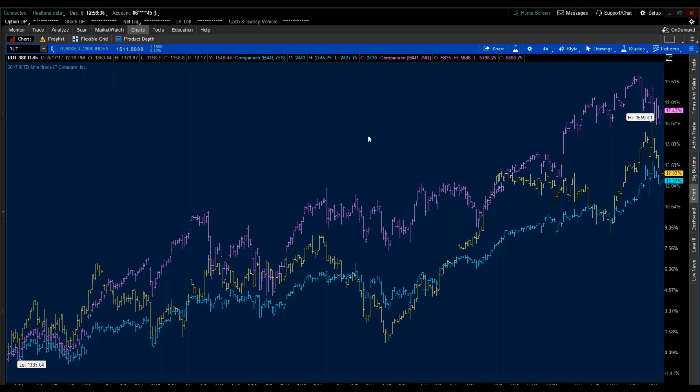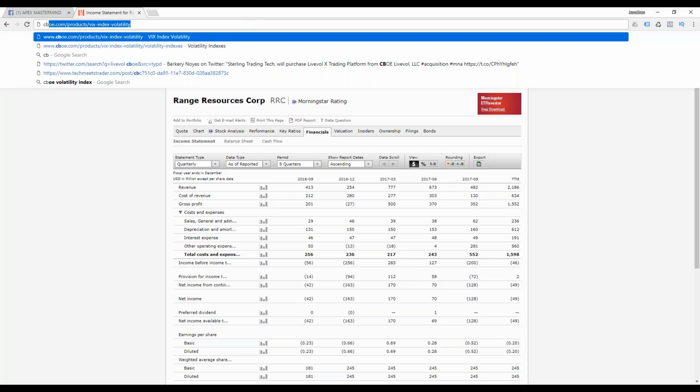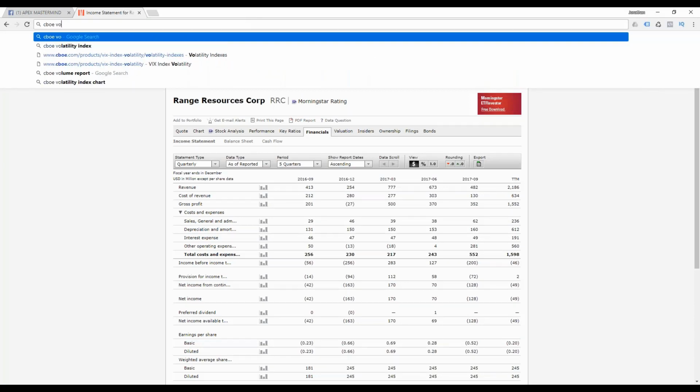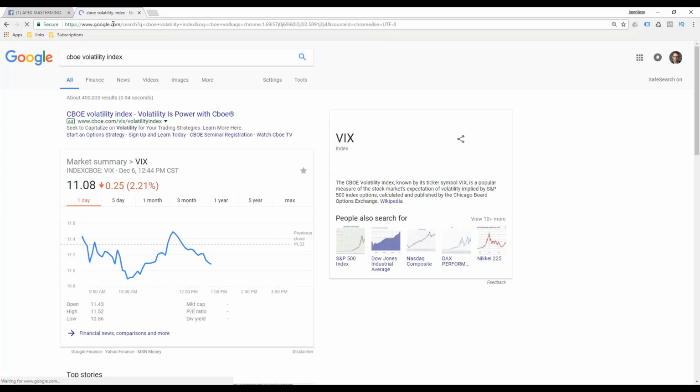All right, cool. Another way, which is going to be a little bit different than we've talked about, but I think you should consider bringing this into your trading, is if you go to the CBOE, and we look at the CBOE vol, which is volatility.